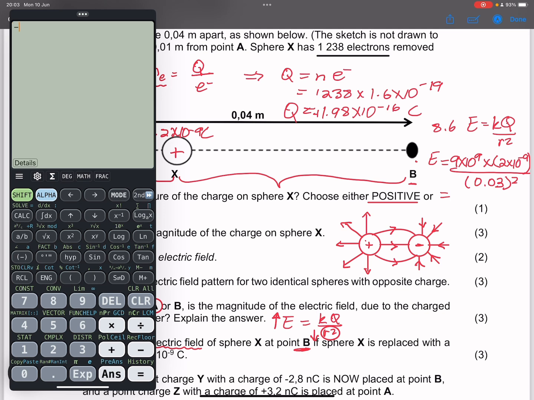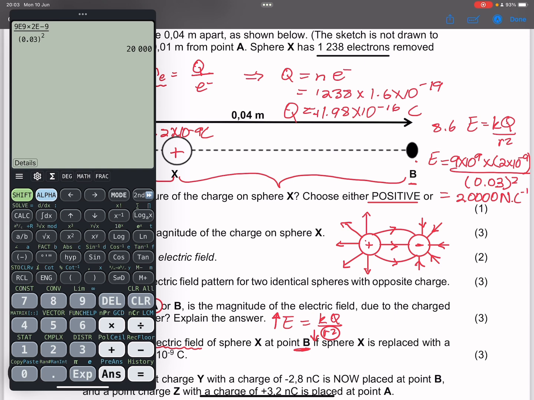Let's calculate that quickly. We've got 9 times 10 to the 9 multiplied by 2 times 10 to the -9, divided by 0.03, but remember, we square that. That gives us 20,000 newtons per coulomb.